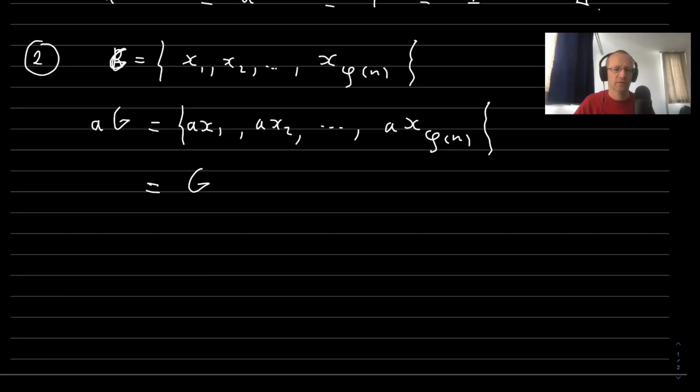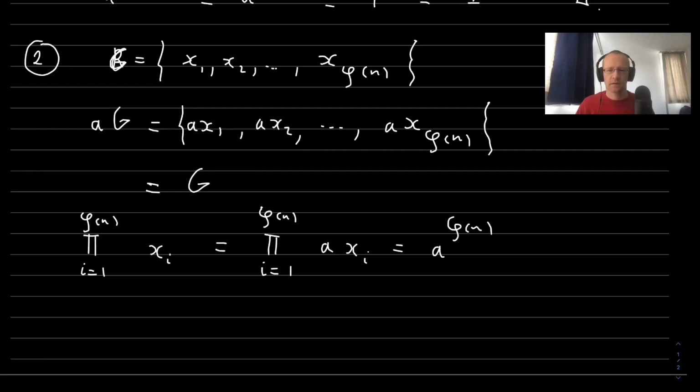By the properties of finite groups, the product over i from 1 to phi n of xi, which is the product over G, is the product over aG, which is a to the phi n times the product over G. And therefore, canceling left and right in this finite group, we find that a to the phi n is 1.